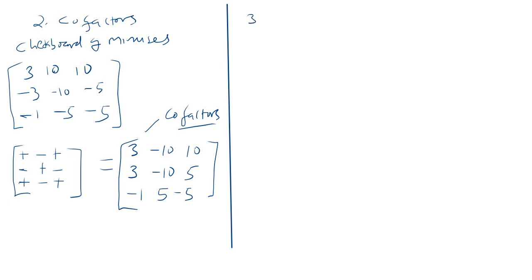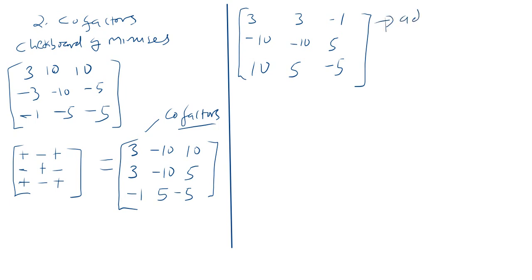3, negative 10, 10, 3, negative 10, 5, negative 1, 5, negative 5. So that is our step number 3, which is the adjugate, or the matrix of cofactors being transposed.